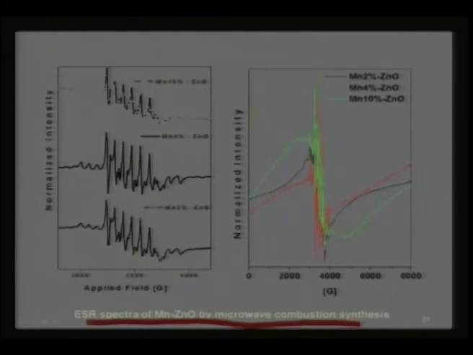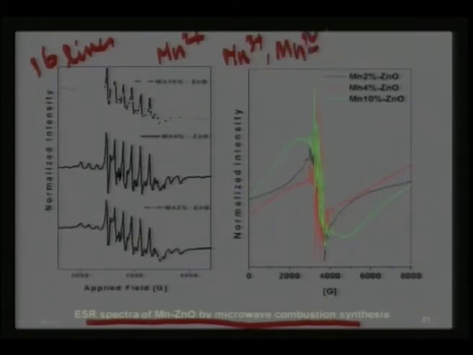Now, if you take the ESR spectra of this manganese doped compounds prepared by microwave combustion route, you do not exactly see a 6 line spectra, but you are seeing a 16 line spectra, and this 16 line spectra suggests that this is not exactly Mn2 plus, but these are signatures for both Mn3 plus and Mn4 plus concentration.